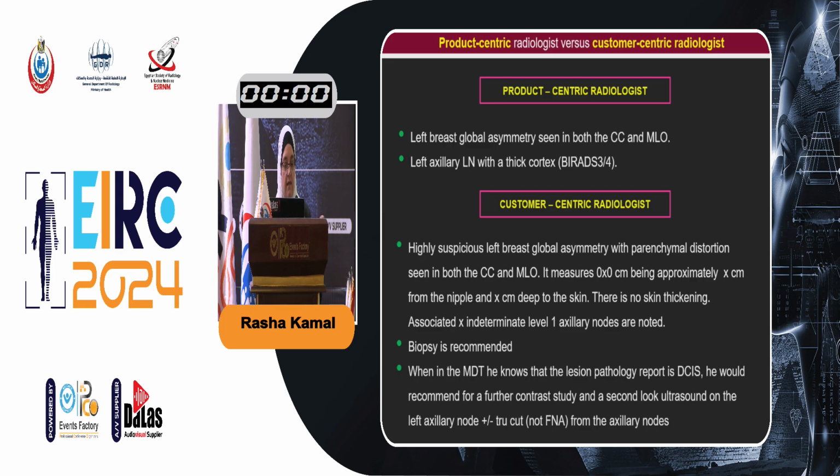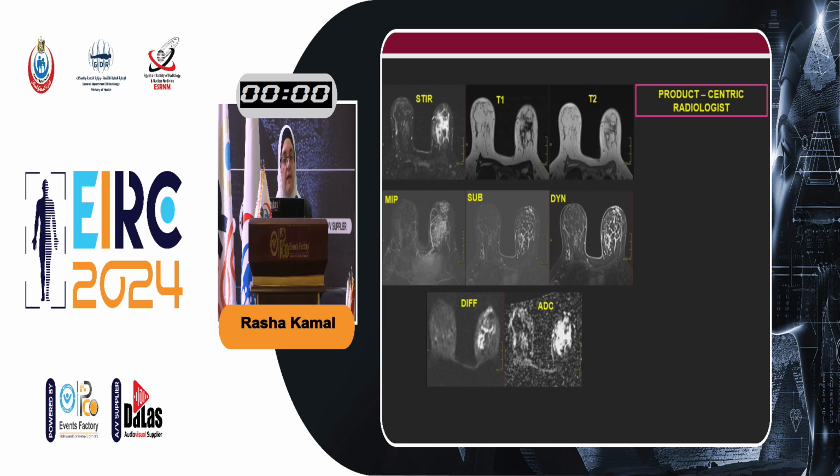And when in the MDT, he knows that the lesion pathology report is a DCIS, he would not accept this with an indeterminate axillary lymph node, and he would recommend also a further contrast study and a second look ultrasound on the left axillary node and biopsy. The patient performed MRI, and again, a product-centric radiologist will just write that there is a left breast segmental heterogeneous non-mass enhancement.